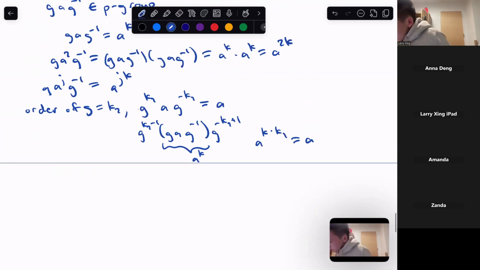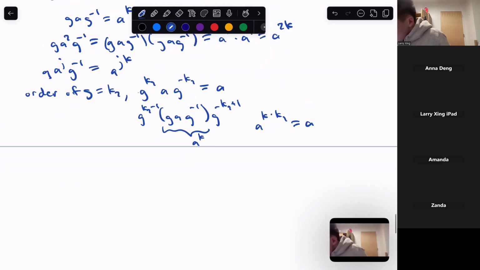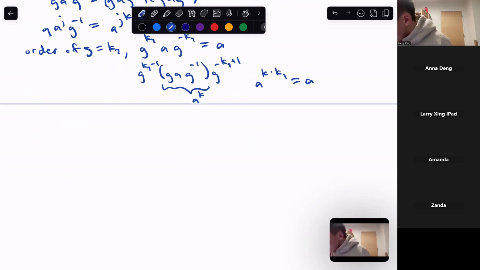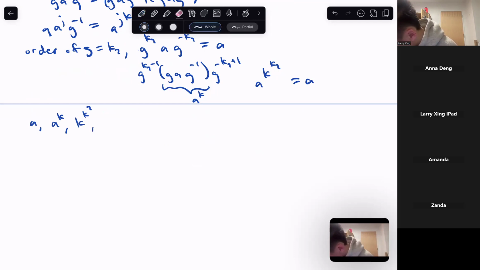Okay, so now that we know this, let's say we considered not necessarily a group, but the set consisting of A, then A^K, A^(K^2), and so on.